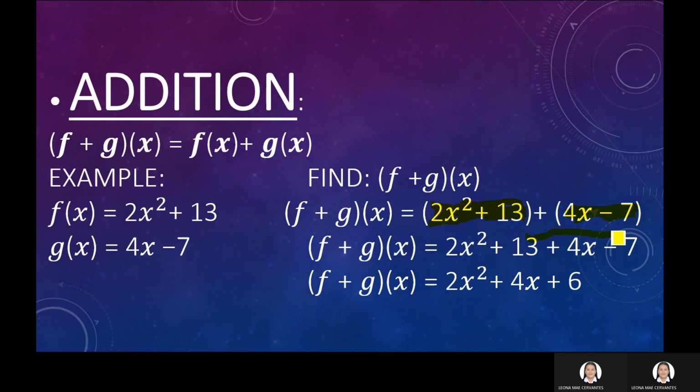Then 13 minus 7 is equal to 6. Okay? So f plus g of x is equal to 2x squared plus 4x plus 6. Okay?